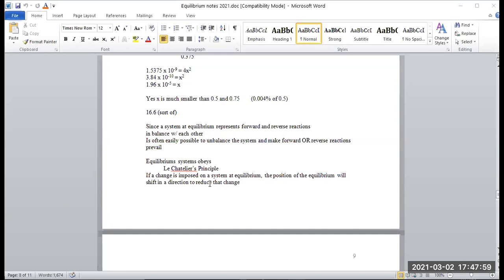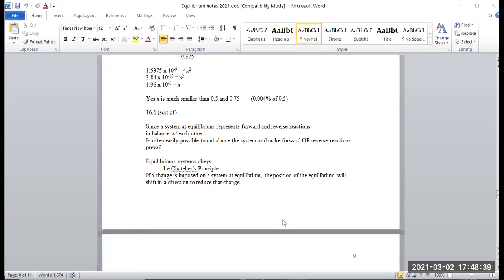So the idea here is that everything in equilibrium involves assuming that your forward and reverse reactions are both happening at the same time. But because they're both happening at the same time, it's possible, even not very difficult, to unbalance the system and make forward be more in control or possibly make reverse be in control.